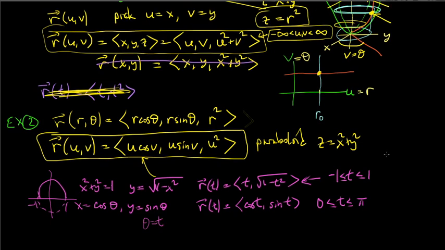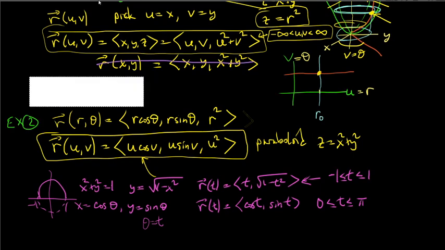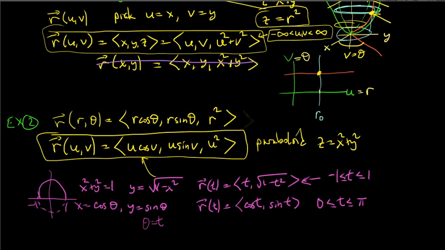But for the second parameterization, remember, it's not x and y anymore. u is the distance, so distance is going to be positive. Remember, r is greater than or equal to 0, so u should be greater than or equal to 0.